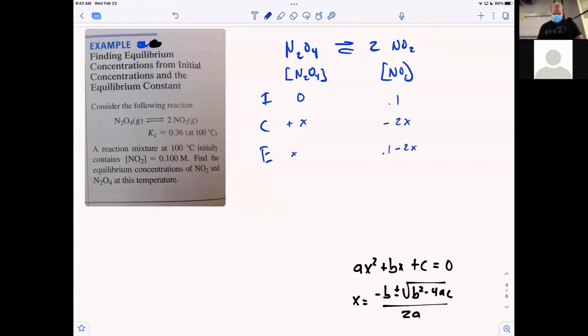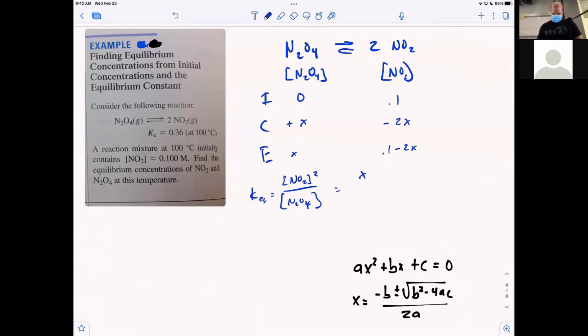So our K equilibrium is going to be NO2 squared all over N2O4. That's a 4.